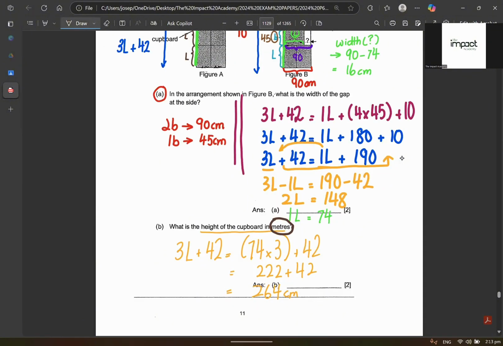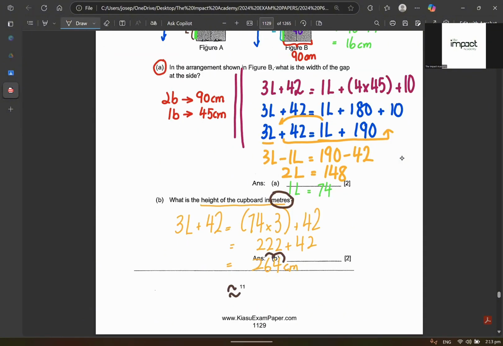So if I want to convert to meters, I will just have to move back 2 times, because 100 cm is 1 meter. I want to basically divide, so you just have to move back 2 times, and that's the reason why your answer is 2.64 meters, and this is your answer for this question.